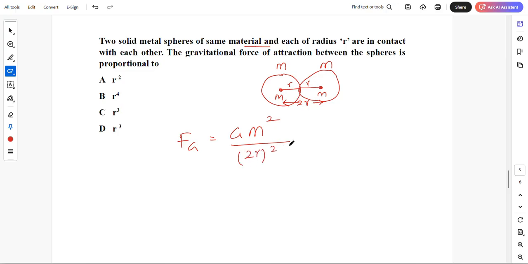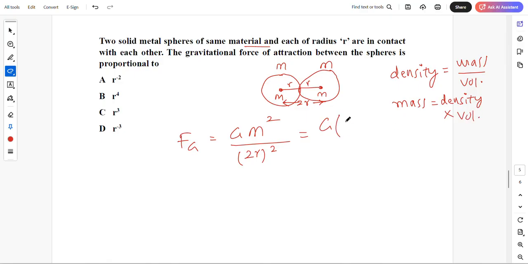Now, what is density equal to? Density is nothing but mass by volume. And now mass can be written as density into volume.